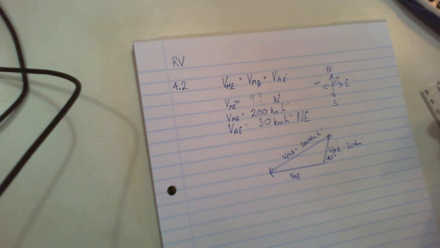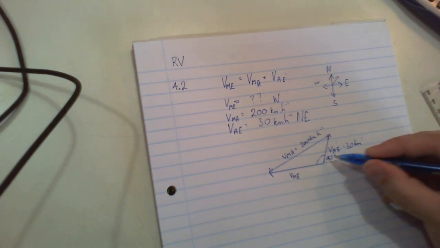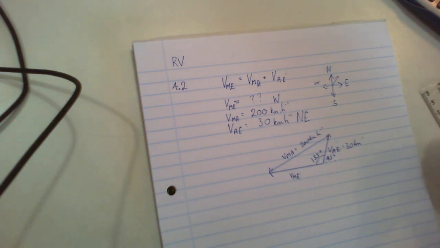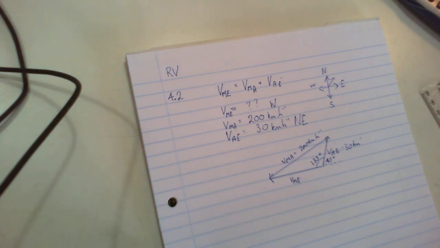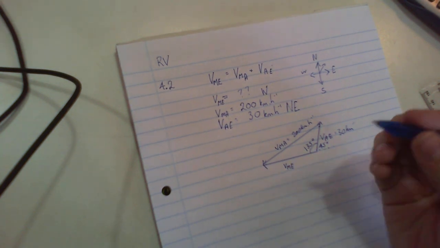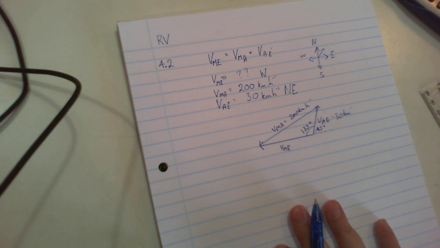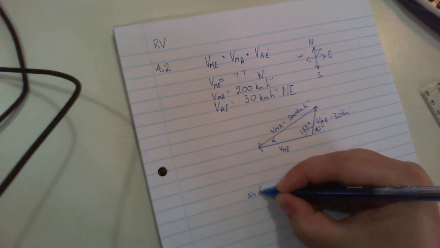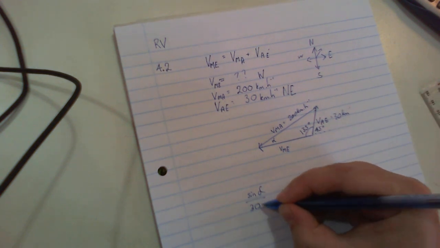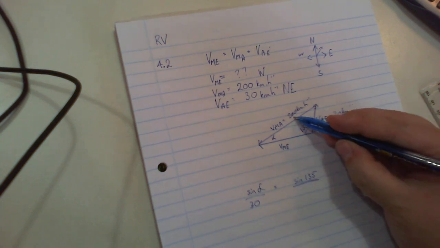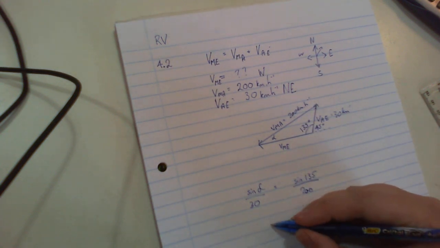So what can we do? What do we know? Well, we can work out this angle. That's quite straightforward. It's just 180 minus 45, that's 135 degrees. And what do we have here? We have a very simple sine rule. Let's just work it out. I'm just going to do this slowly. You can obviously do this in much fewer steps, but if we label that, we know that sine alpha over 30 is equal to the sine of 135 over 200.